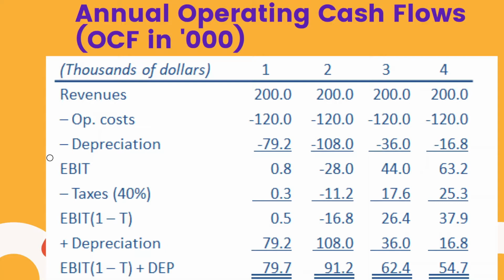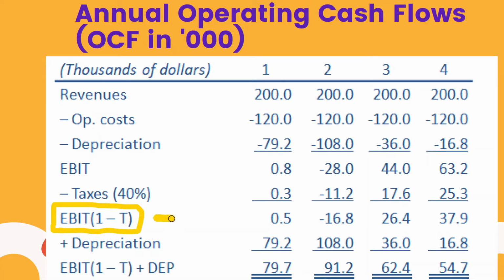After we subtract operating costs and depreciation expenses from revenues, we have the operating profit called earnings before interest and tax, EBIT. In this case, we assume a marginal tax rate of 40%. We will then calculate net operating profit after tax. This is the first component in the calculations of free cash flow.